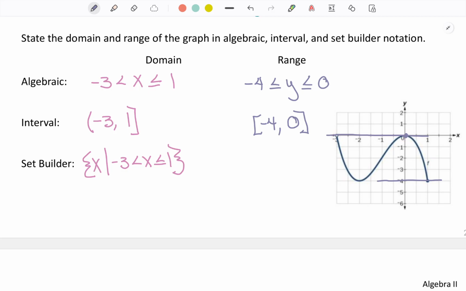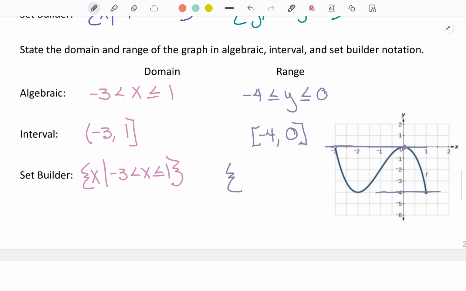So definitely make sure you look all the way across and know which values have no way to include them. And then for set builder, we have our y is such that -4 is less than or equal to y, which is less than or equal to 0.